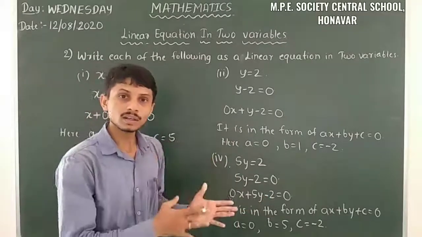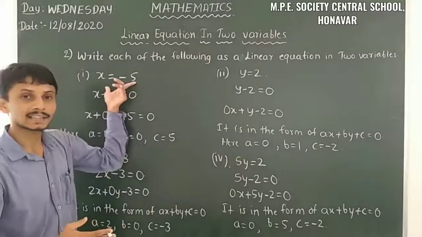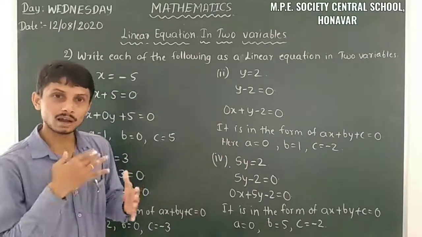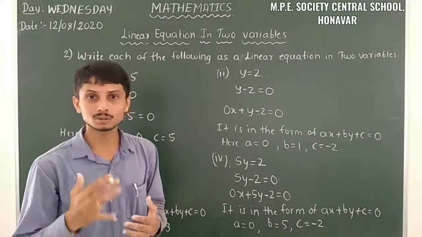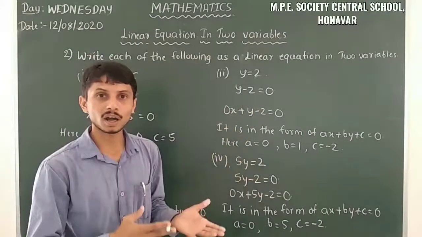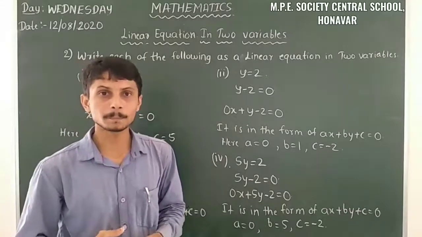Here these are in the form of just x is equal to some value. So apart from that, we have to solve these questions by taking the coefficient of x or y as 0. So let us move into the next type of problems.